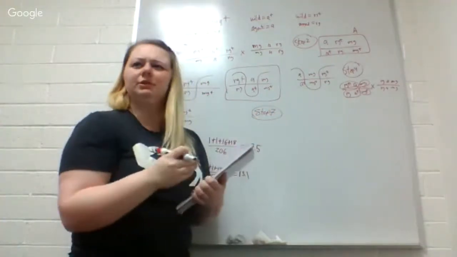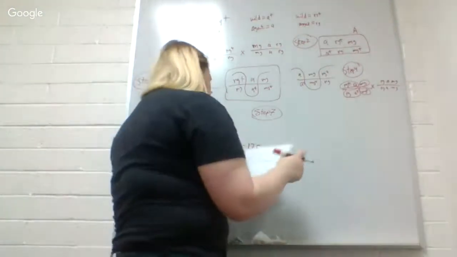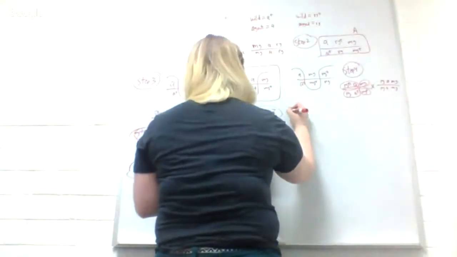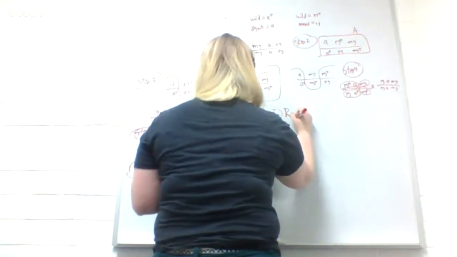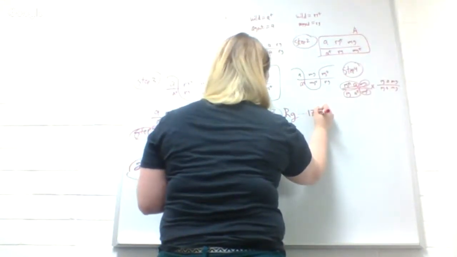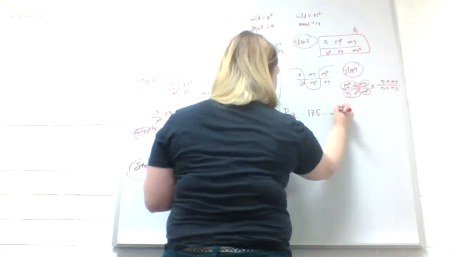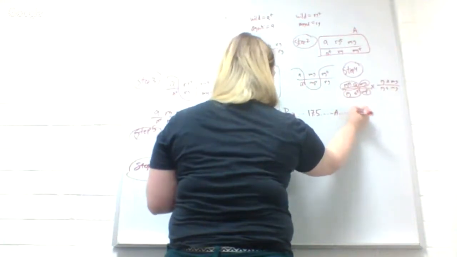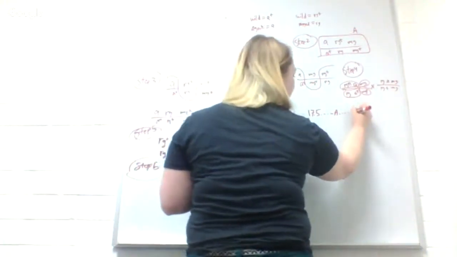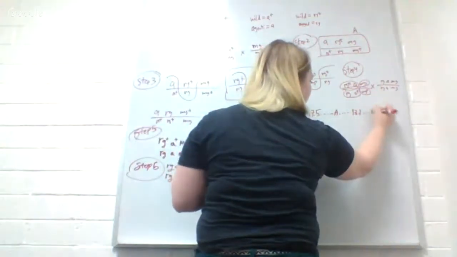Which is when we make a gene map. Which our gene map is RG, 17.5, A, 13.1, and then MG.